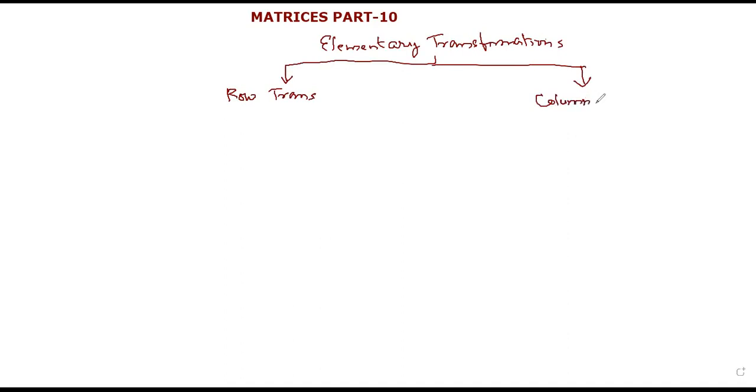But once we have decided to use row transformation, we have to use row transformation in the entire question. And here the difference is, you will write A is equal to IA when you are using row transformation, and when you are using column transformation you will write A is equal to AI.